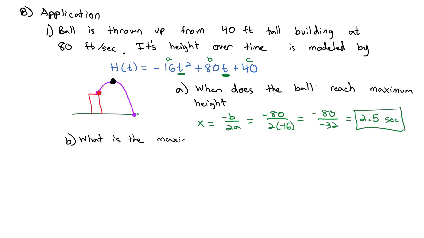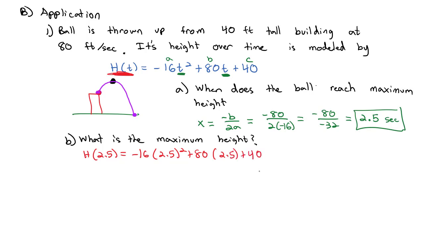which begs the question, what is the maximum height? Well, the maximum height, that's getting at the h of t. How tall is it? That's the y-coordinate of the vertex. And so to get the y-coordinate of the vertex, we just plug 2.5 into the function. And we have negative 16 times 2.5 squared plus 80 times 2.5 plus 40.